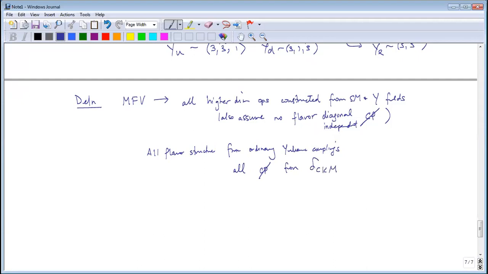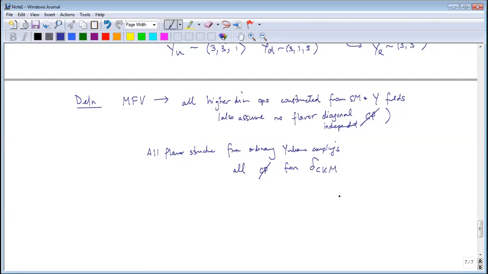And so what this means is that the coefficients of certain operators that are going to be generated are very much related to the same types of suppressions that we see in the standard model. Remember the CKM suppressions, the GIM suppressions, the same kinds of things would happen for the operators generated by the new physics, because the only way the flavor violation can happen is through the same couplings that were already there in the standard model.